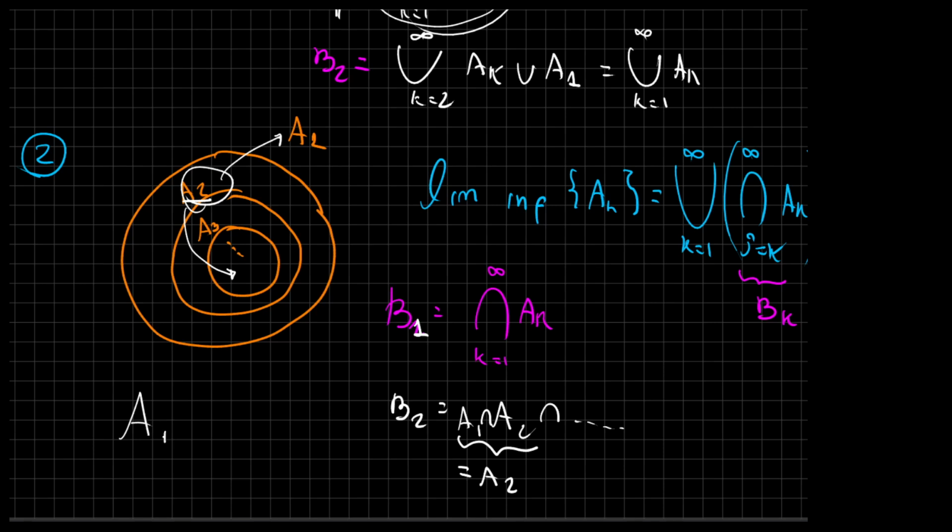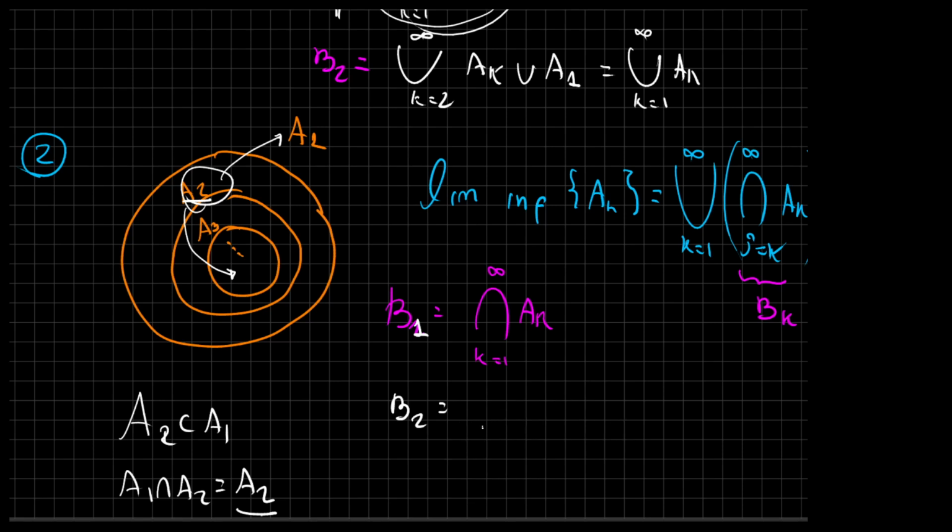So if A2 is in A1, then A1 intersected with A2 is equal to A2. So we can write it here like this: A2 intersected with the intersection of everything that starts from 3, but this is equal to A1 intersected with A2.